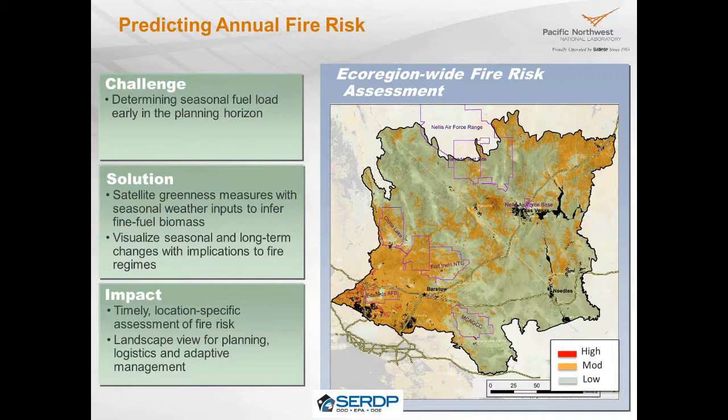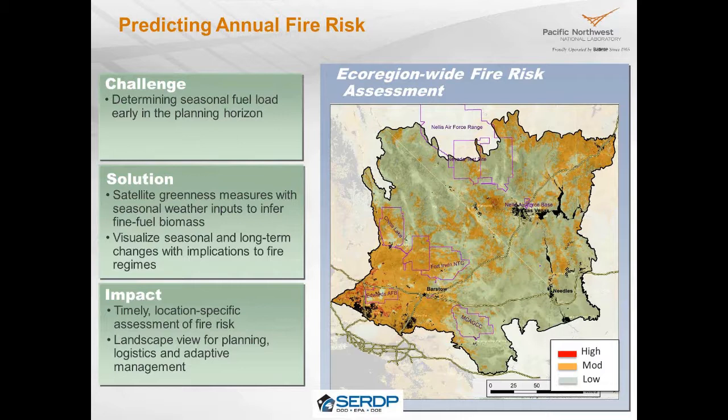But one of the outcomes was the development of a pre-season fire risk model. So we're modeling fire risk early in the season, and the idea behind that is, can you get a picture early on in the planning horizon that allows you to stage resources or gives you some expectation of what the fire season is going to be like. In the case of the Mojave, we're developing the maps in the May time frame.